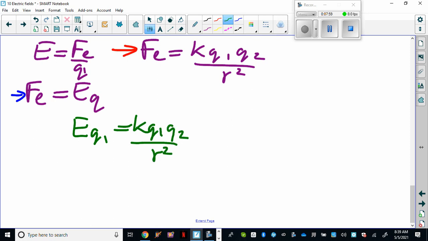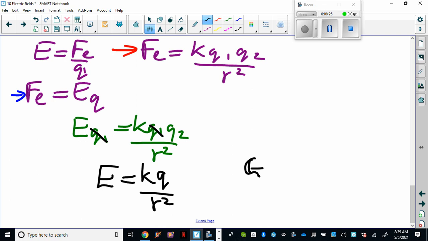It's almost identical to the gravitational field strength. And what happens? Exactly the same thing happens, not surprisingly. The test charge cancels out, and we're left with this new formula. I'm just going to write down the other one. Sorry, that should be little g equals big G M over r squared.